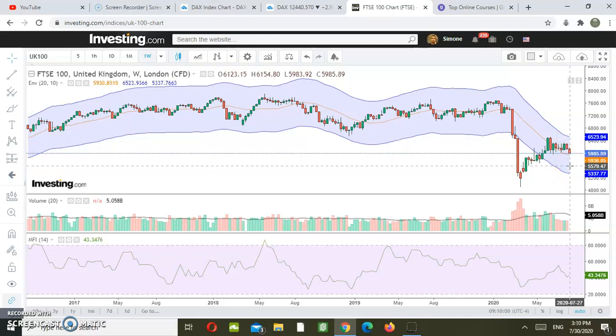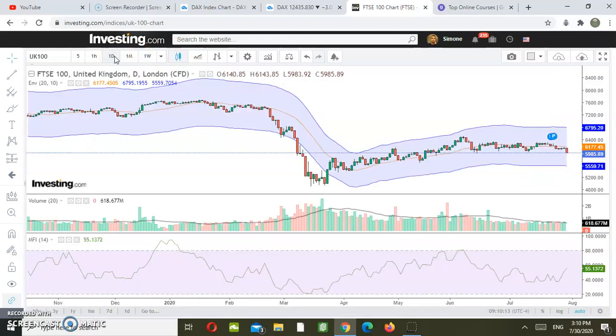So I do believe over the next weeks we are going to hit 5,600 points. Let's move on and analyze the daily chart. Of course, that was a weekly chart, so my target prices are related to several weeks, which means months, from today, which is the 30th of July.